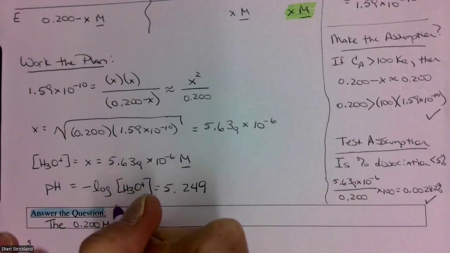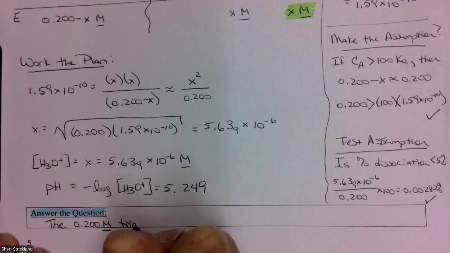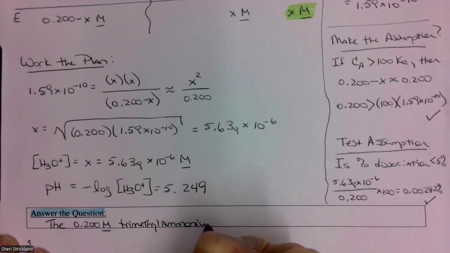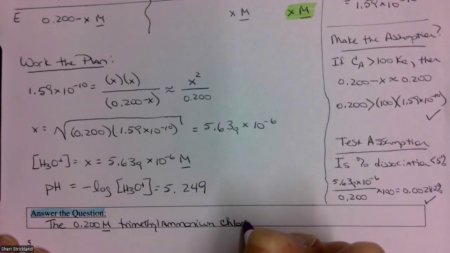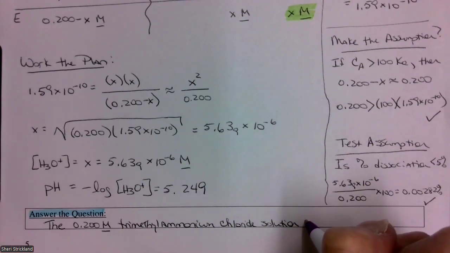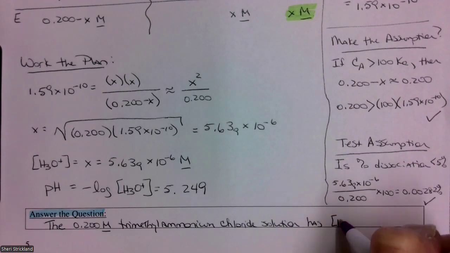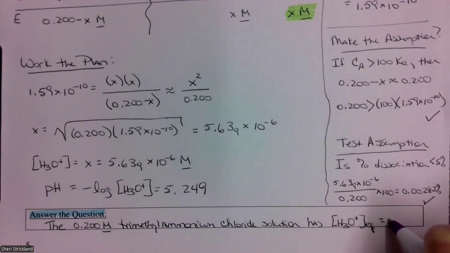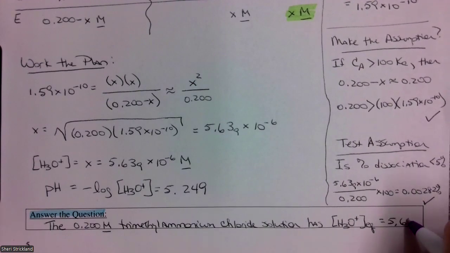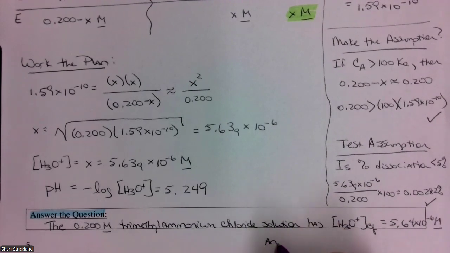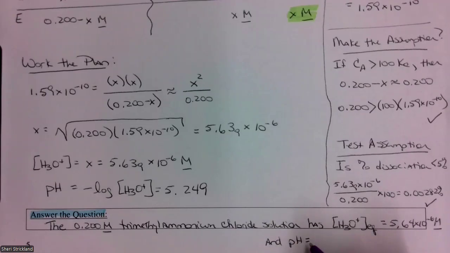The 0.200 molar trimethylammonium chloride solution has hydronium ion concentration, and you can put the EQ for equilibrium down there if you like, 5.64 times 10 to the minus 6 molar, and pH of 5.249.